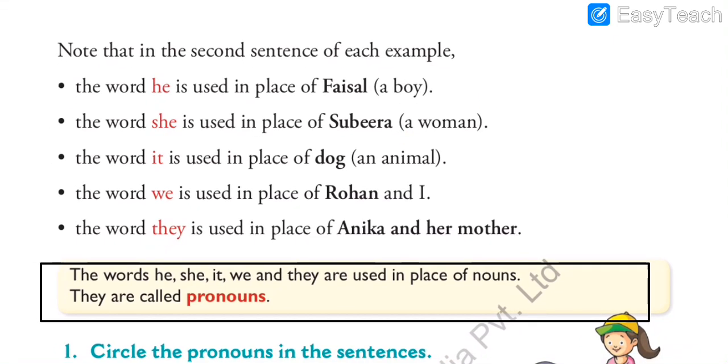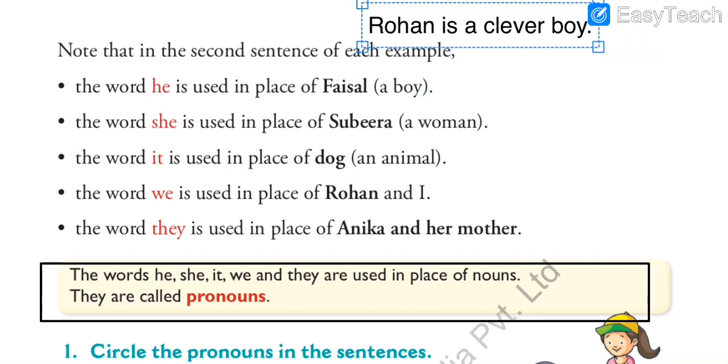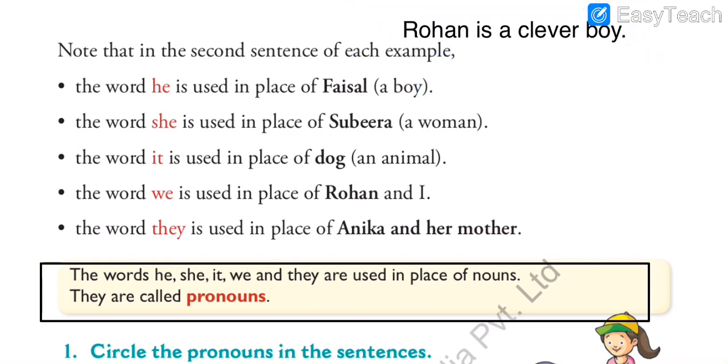Like if I say, Rohan is a clever boy, full stop. See students, I have written here Rohan is a clever boy. If you can see at the top portion of the screen, Rohan is a clever boy.